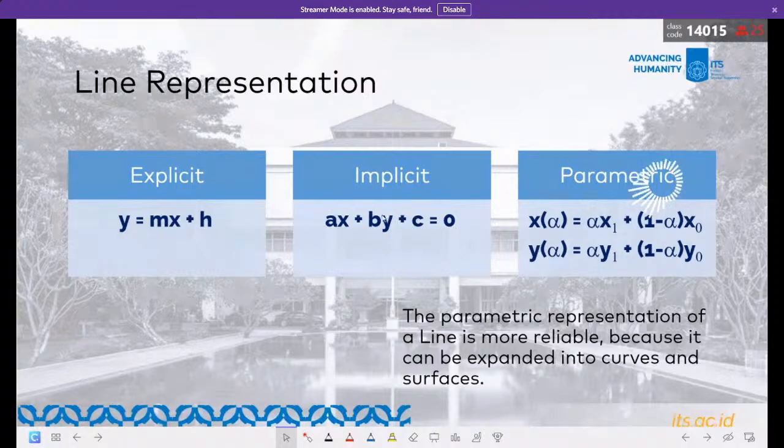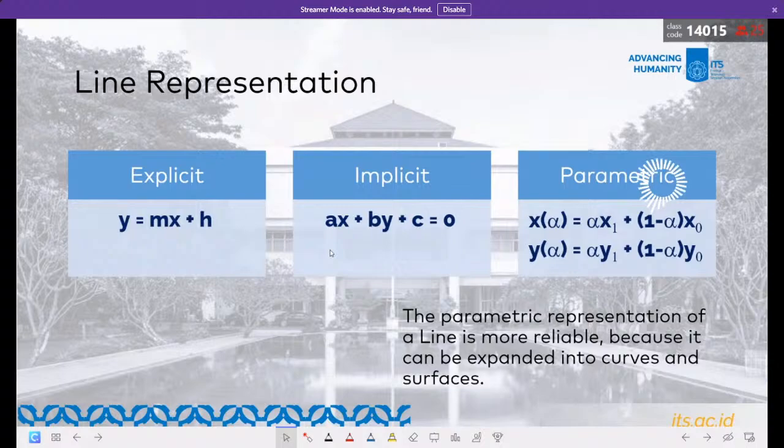And usually it's very useful if you need to combine two or three or more polynomials. So it's kind of combining several lines, for example, or some linear problem solving. I'm not quite sure what the exact term is.